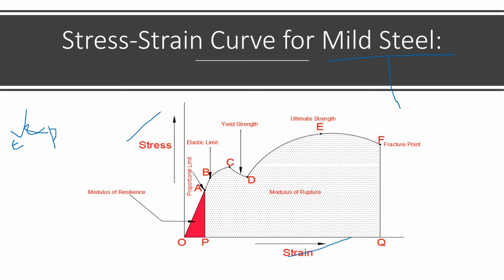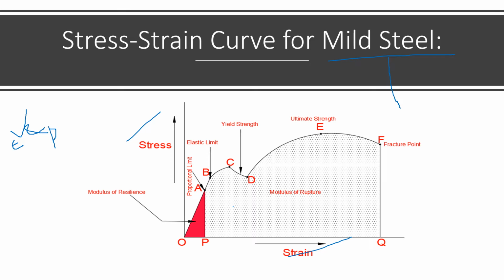Here, I am choosing mild steel as the ductile material. If a tensile force is applied on mild steel, it undergoes some different stages before the failure point. The stress strain curve is the graphical representation of these stages before failure of that material.